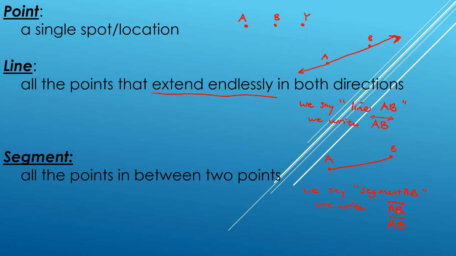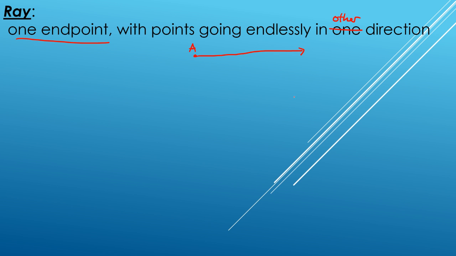And then there's one more I need to go over with you guys, is the rays. So in this example for ray, I had just a single point A. Like our lines and segments, we do need at least 2 points to define it. So this, we would say ray AB.